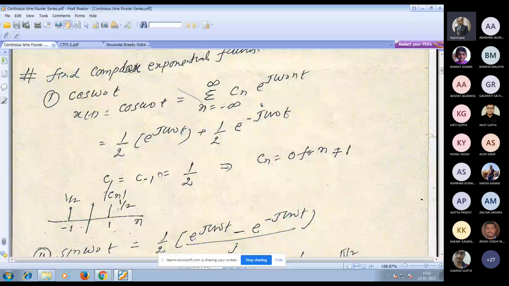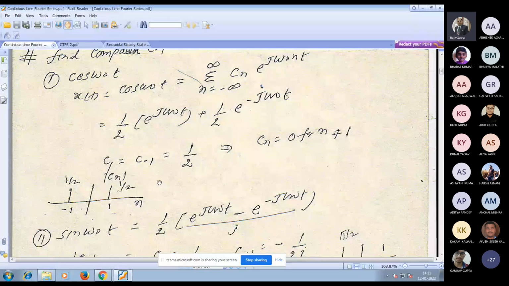So that means we have two Fourier series coefficients lying at n equals 1 and n equals minus 1, each with amplitude half.